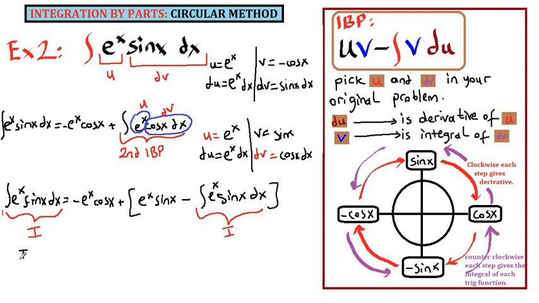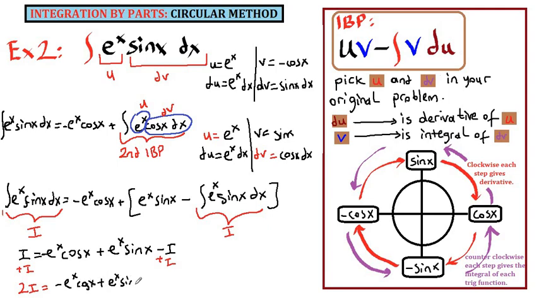So I is equal to negative e to the x cosine x plus e to the x sine x minus I. And if you add I on both sides, you get 2I is equal to negative e to the x cosine x plus e to the x sine x.